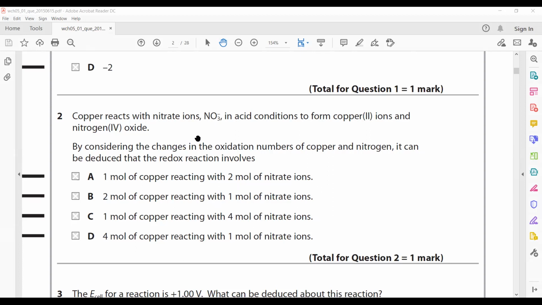Copper reacts with nitrate ion in acidic condition to form copper(II) ions and nitrogen(IV) oxide. Nitrogen(IV) oxide means nitrogen dioxide. So there's a nitrate. The best way is just to write a simple equation.